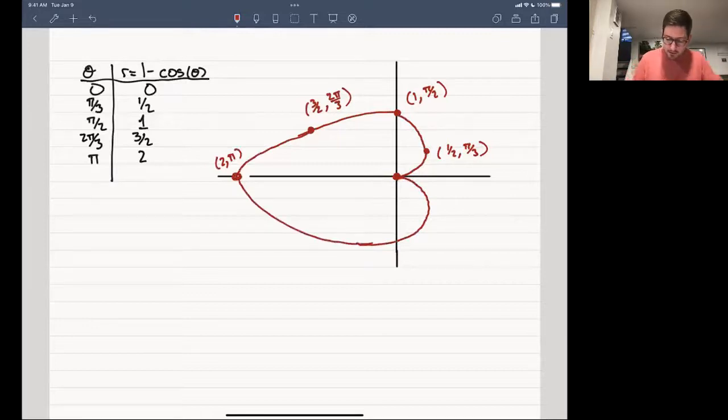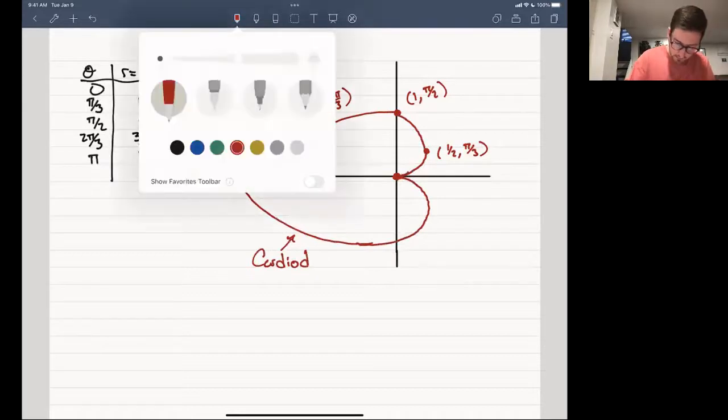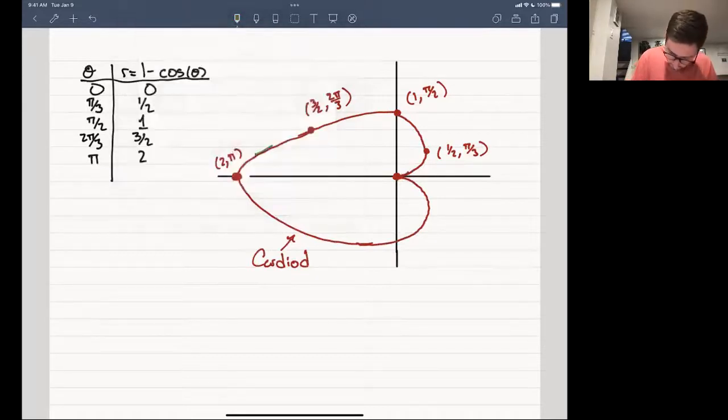And in this case, the shape that you're tracing out is called a cardioid. So this is a cardioid. And in particular, what you can see near the origin here is if you sketch out the tangent lines to this thing, so if you just sketch a few of them on here, maybe like this and like this and like this, you can see that you are perfectly flat at 0 and you come up and around.